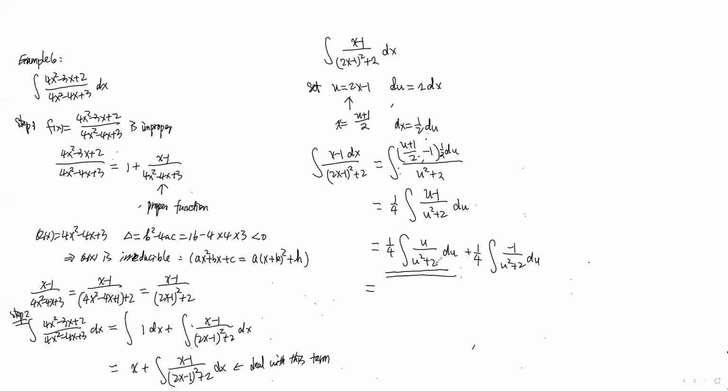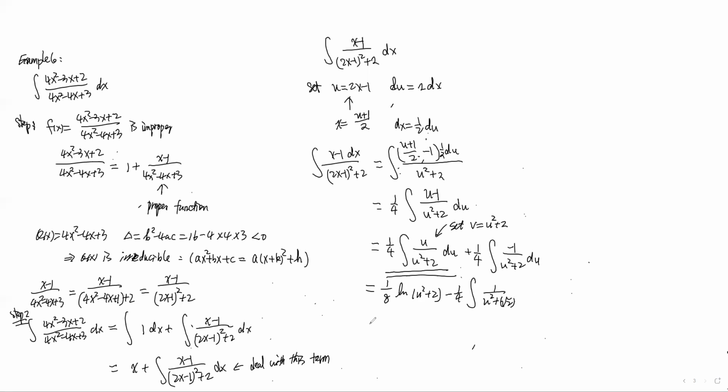By the same method, you can get 1 over 8 ln. You set v equal to u squared plus 2 and you will get ln of u squared plus 2. For the other term, this is minus the integral of 1 over (u squared plus square root of 2 complete squared) du.